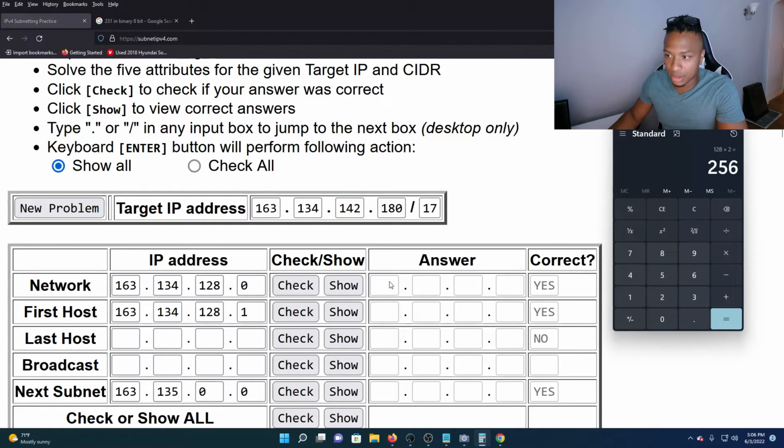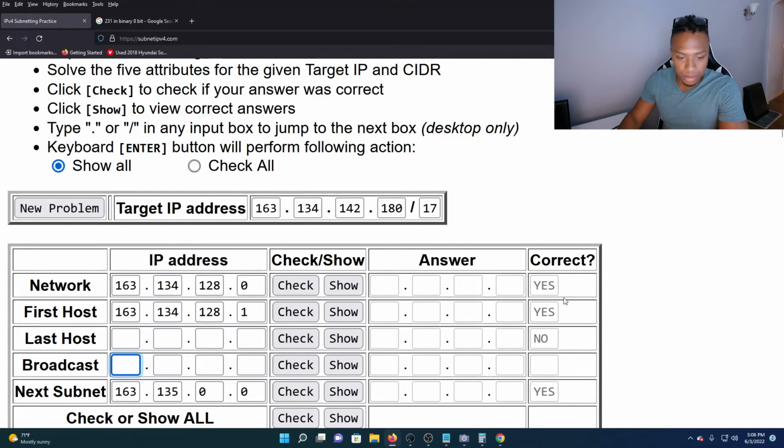Minus 1, guys. We just subtract 1 from here. After the next subnet, we're just going to subtract 1. We know the broadcast address now is going to be something .255. This is actually why it gets confusing, guys, because the broadcast address here is getting more complicated.